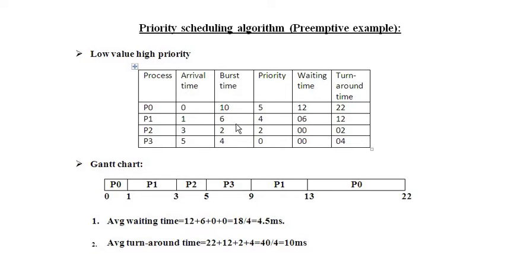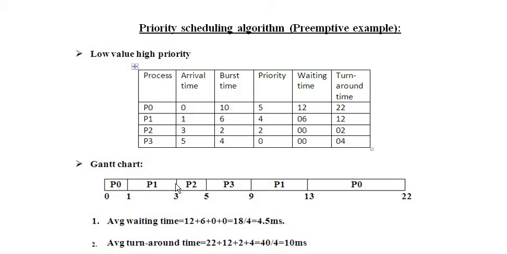Earlier we were not looking at the priority column, the reason being that when P0 arrived, no other process had arrived in the system. Now we have the option, so we check the priority: P1's priority is higher than P0's, that is, 4 is higher priority than 5. So P1 is given the CPU for execution, and that means P0 has been preempted out of the CPU and P1 has been preempted in.